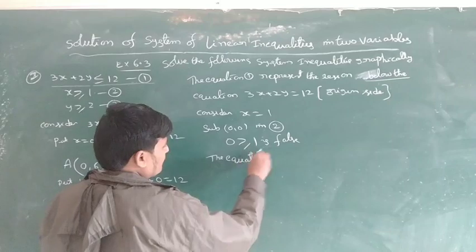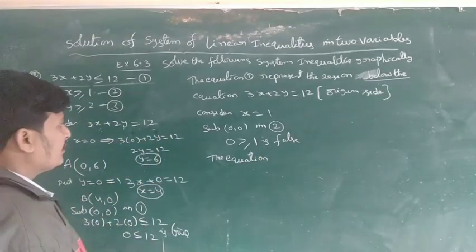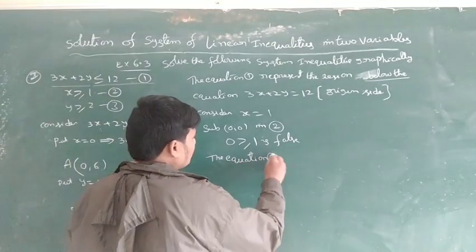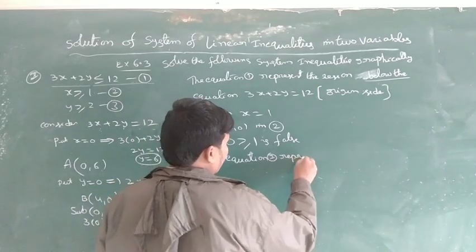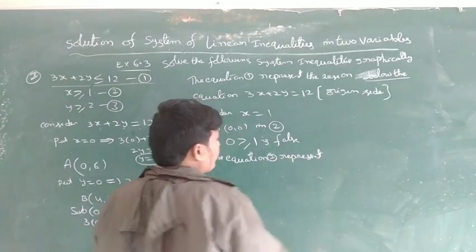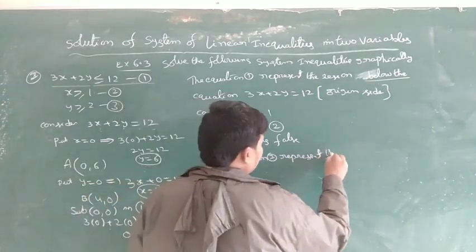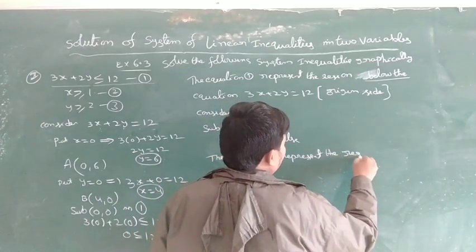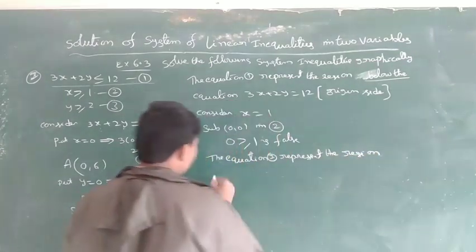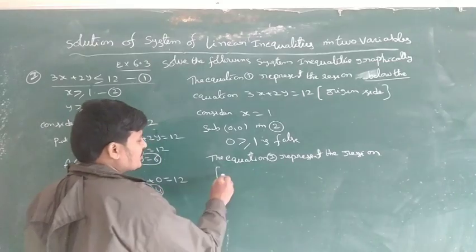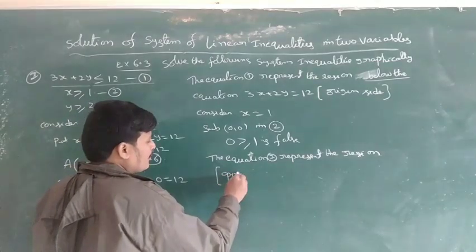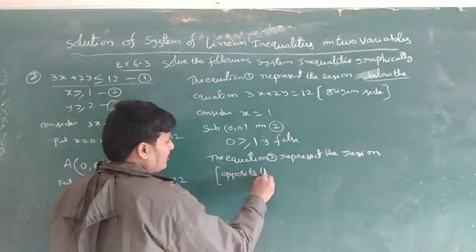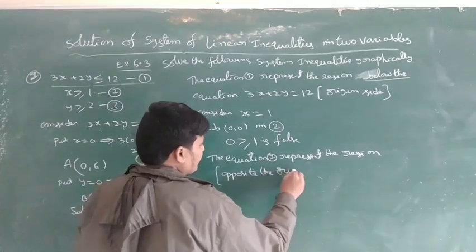Vertical line, false means the right side of the equation represents the region. False means opposite the origin.